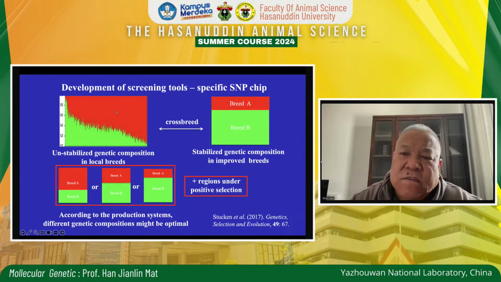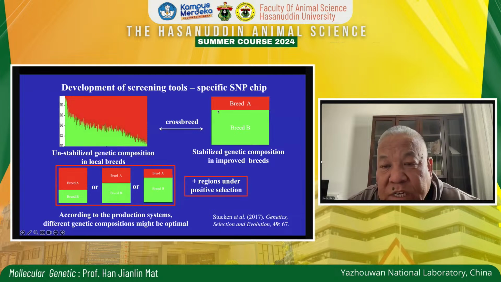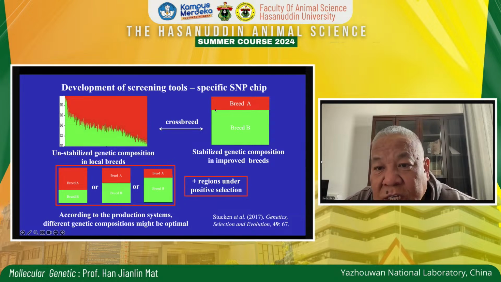And say in a particular production system or management scheme, we may decide to have a particular proportion of zebu to Banteng or to Bali cattle genetics. We decide to develop a new population with fixed genetics in this proportion.